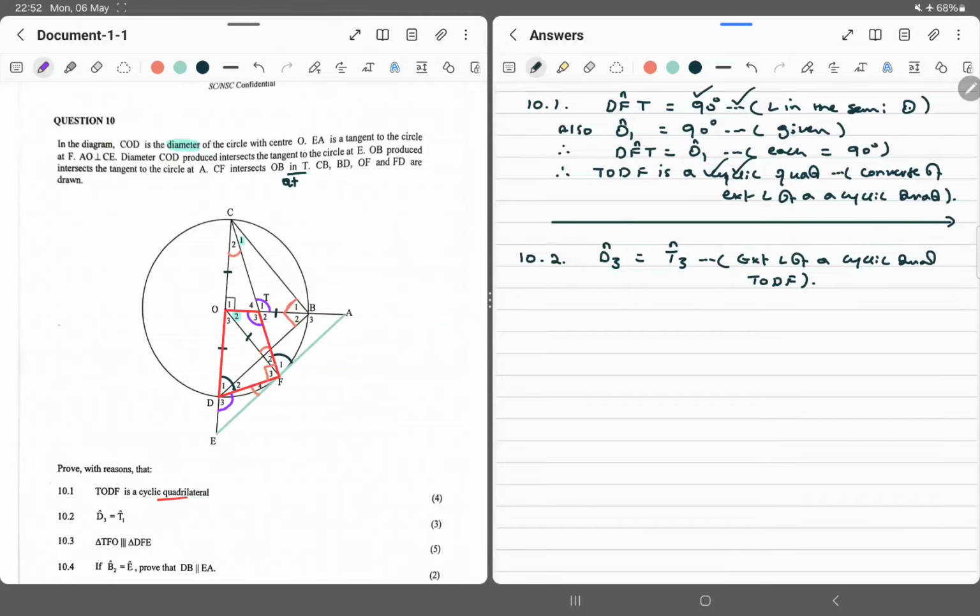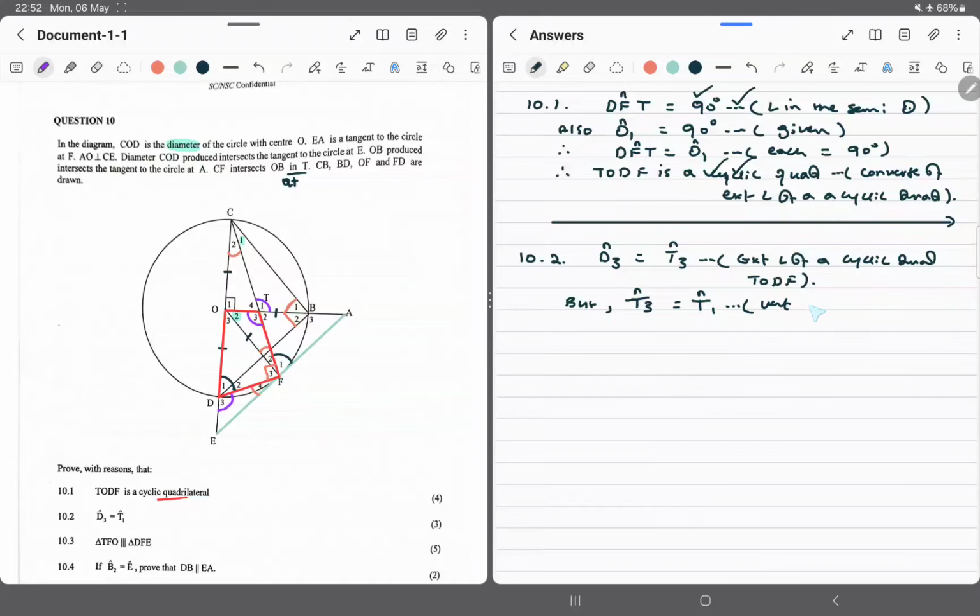But we know that this T3 is equal to angle T1.